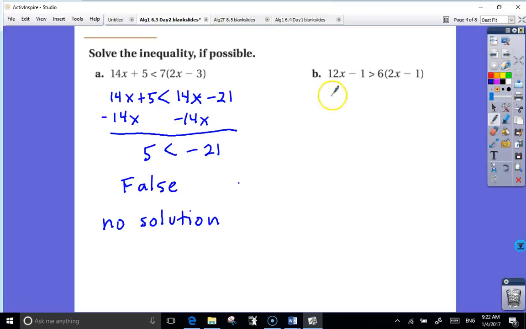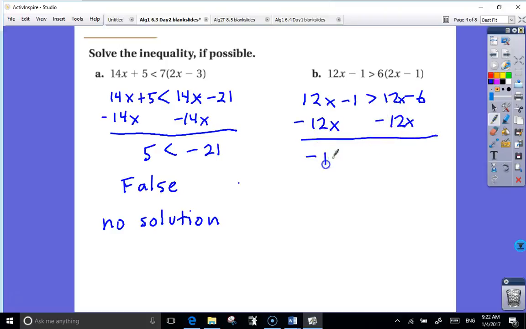Okay, how about this one here? We're going to get 12x minus 1 is greater than 12x minus 6. Subtract 12x. Now we get negative 1 is greater than negative 6. No variable involved. It's either true or false.